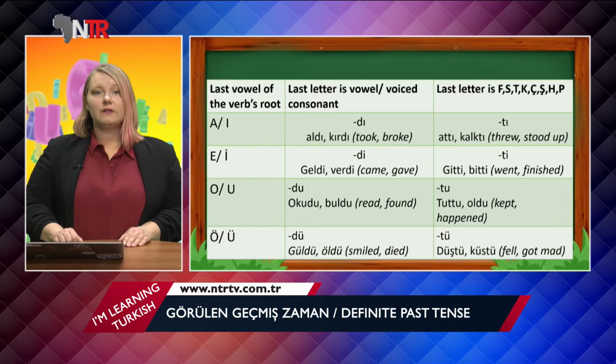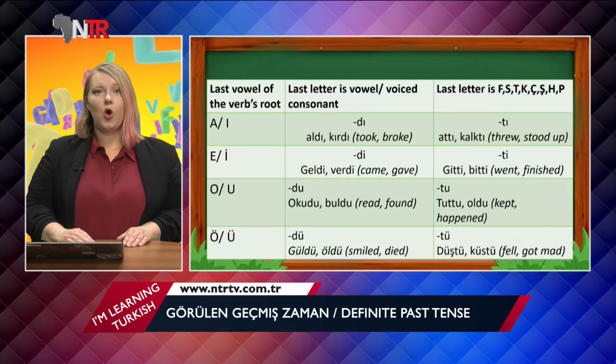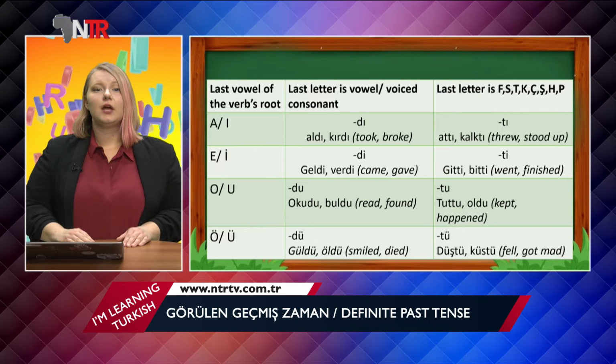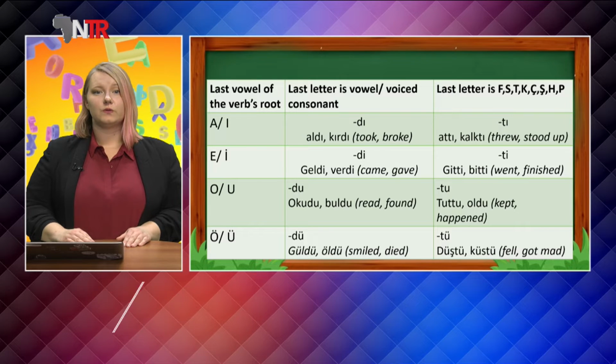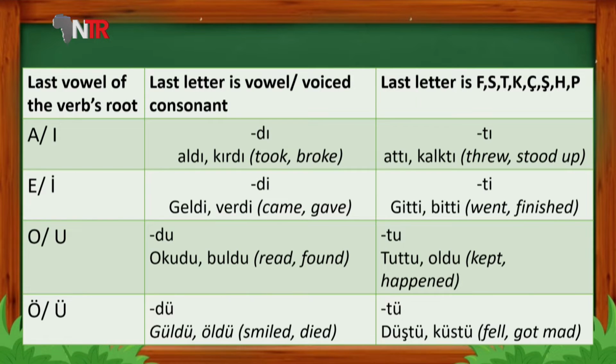If the last vowel of our verb's root is o or u, we are adding du or tu, as in okudu, buldu, or tuttu, oldu. And of course, if the last vowel of the verb's root is ö or ü, we are adding dü or tü, as in güldü, öldü, düştü, küstü.